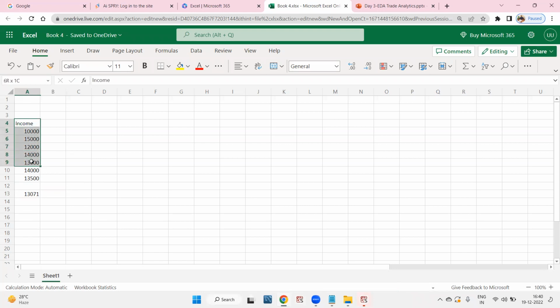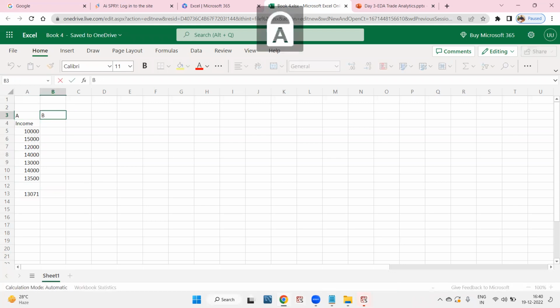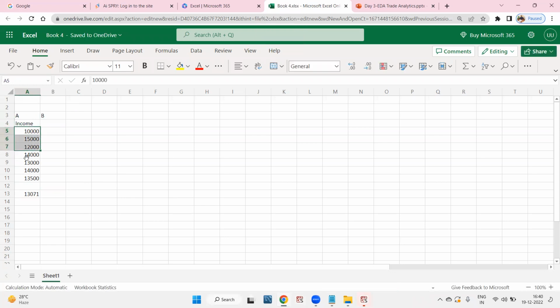Let's take this as B school A, and let's take B school B. Their income is the same as it is, but let's look at it.